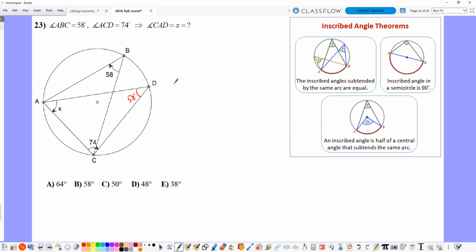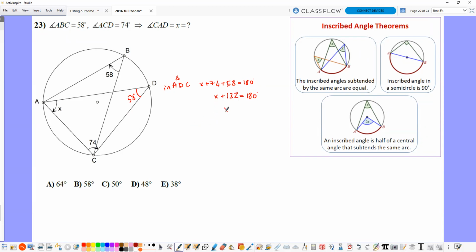Then in triangle ADC, x plus 74 plus 58 is going to be equal to 180 degrees, which means x plus 74 plus 58, that's going to be 132, x plus 132 is going to be equal to 180 degrees, okay?